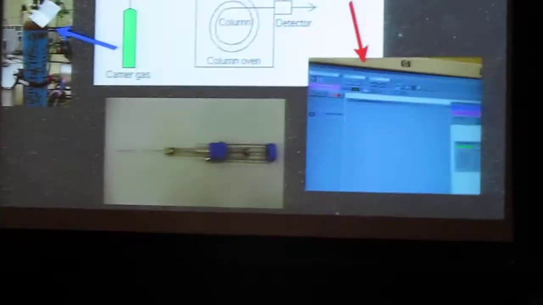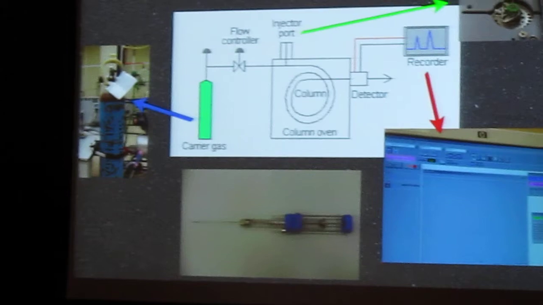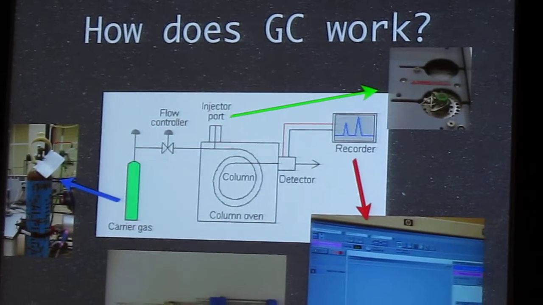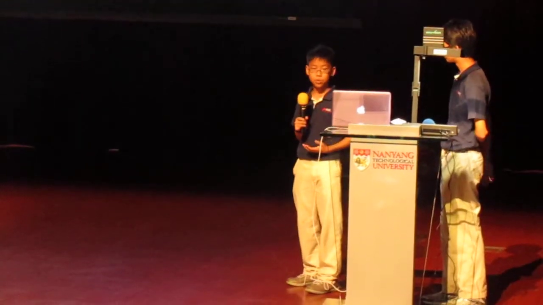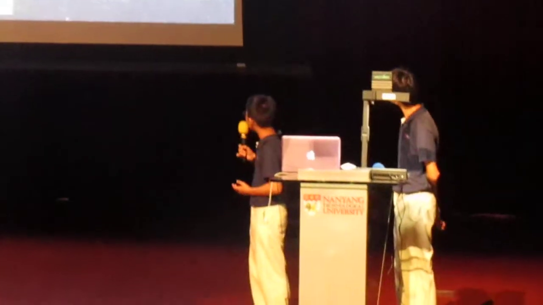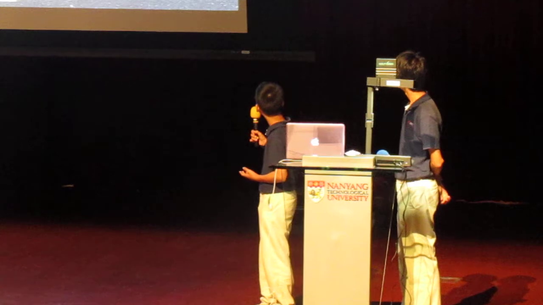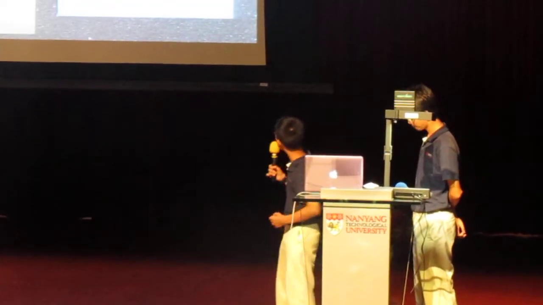The top, represented by the green arrow, is the injector port, which is what we use to insert the needle in with 0.1 milliliter of the sample. On the left is the carrier gas, and on the right hand side is the recorder.